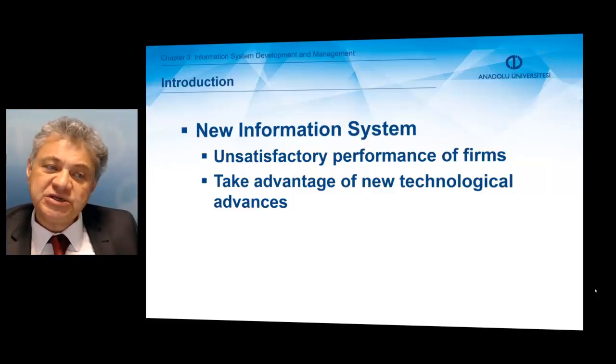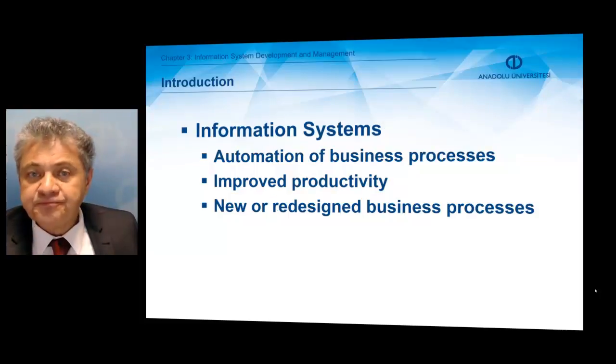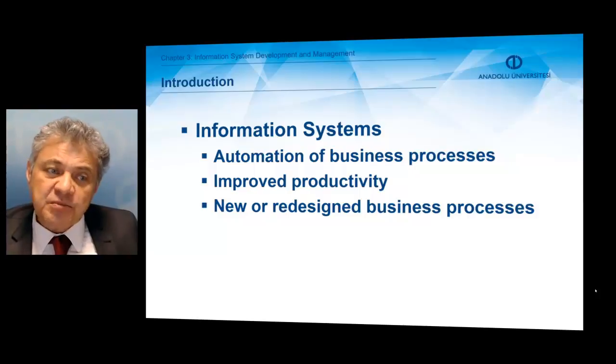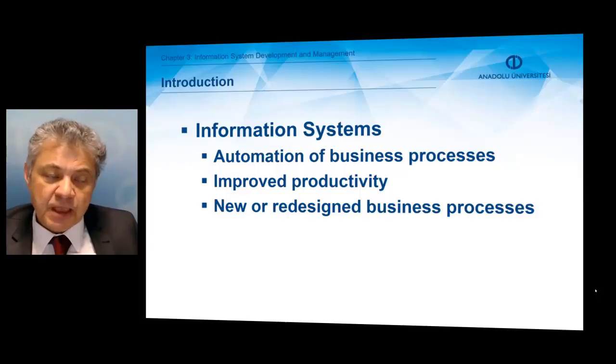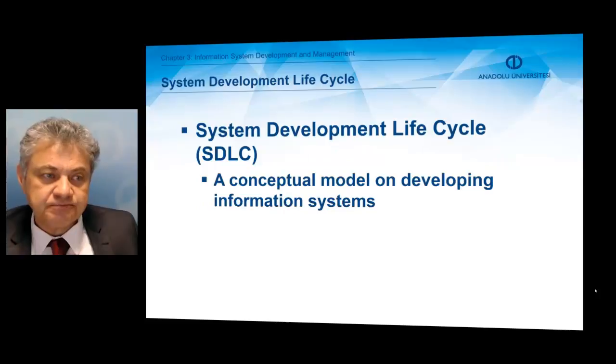A new information system usually improves the competitive capability of a company. Many changes occur in companies due to the introduction of an information system. Some of them are automating business processes, improving productivity, and re-engineering business operations.